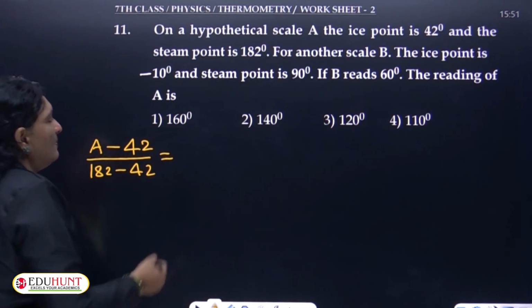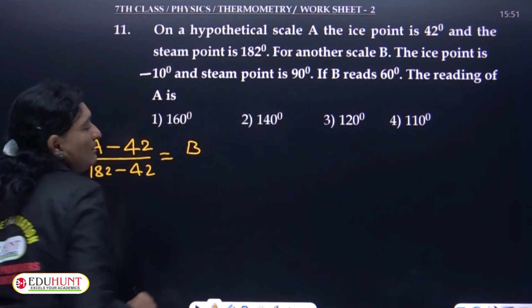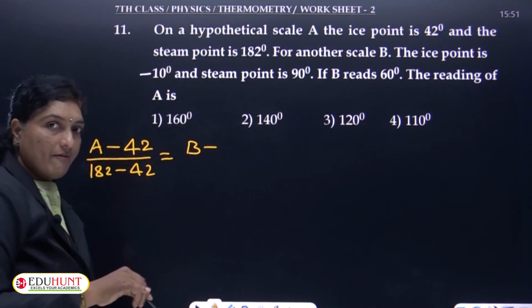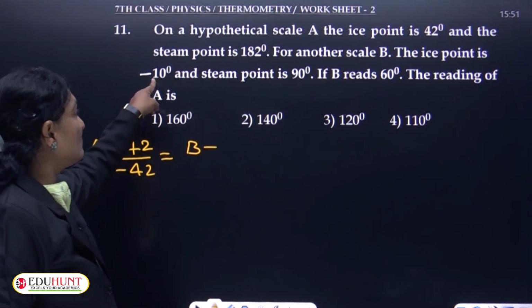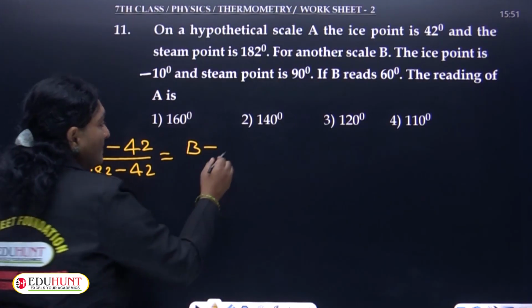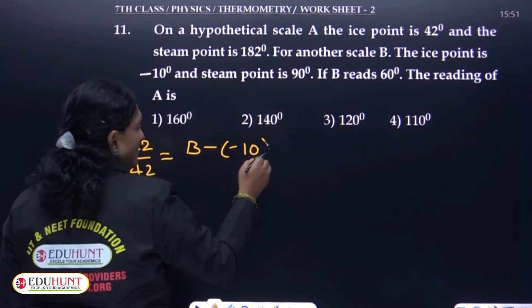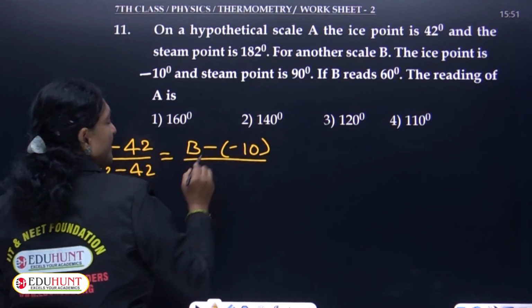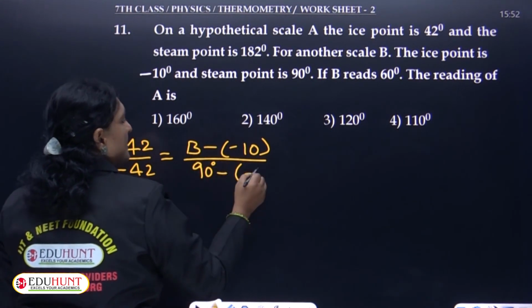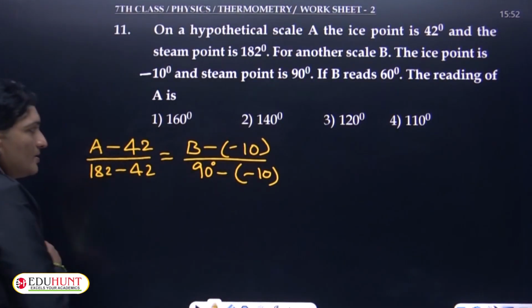So for a scale B, let us consider the thermometric reading as B itself, whose LFP, the ice point, is given as minus 10 degrees. So I have to replace minus 10 degrees, and UFP is 90 degrees. Got it, children?